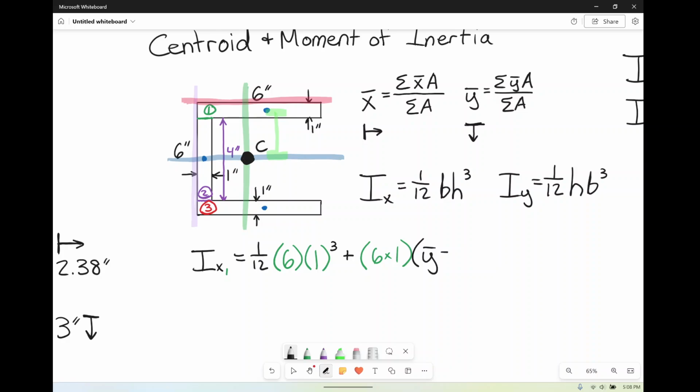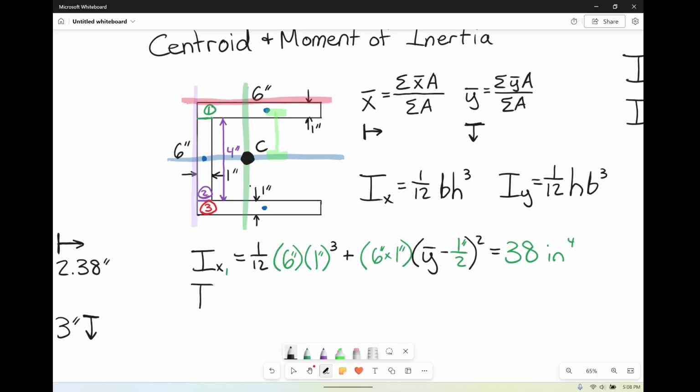Then we need to subtract the distance from the red line to the blue dot, which is half of our vertical distance of 1 inch, so 1 divided by 2. We square that value, and what we get for Ix1 is 38 inches to the 4th.